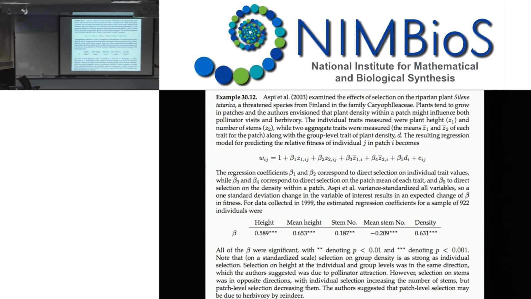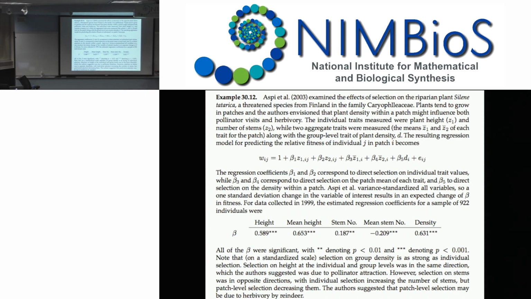Then they measured plant density. These are aggregate features, sums over individual values. That's a feature of the entire population density. So that's the model they fit in the regression. So for example, everyone in the same patch would have these values the same, but these values would differ as you go across different patches.